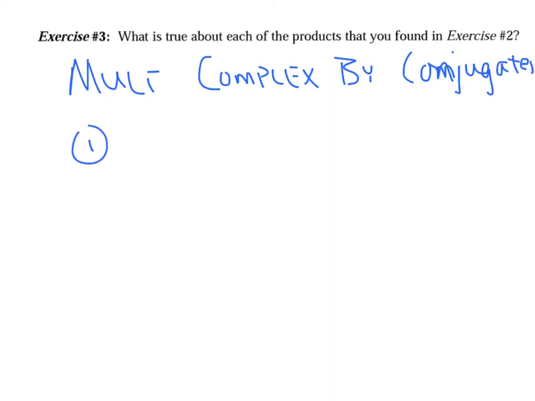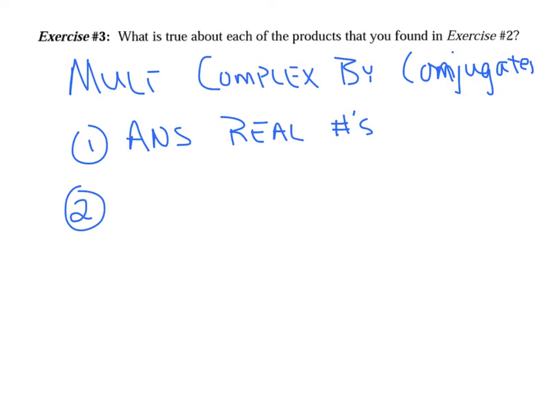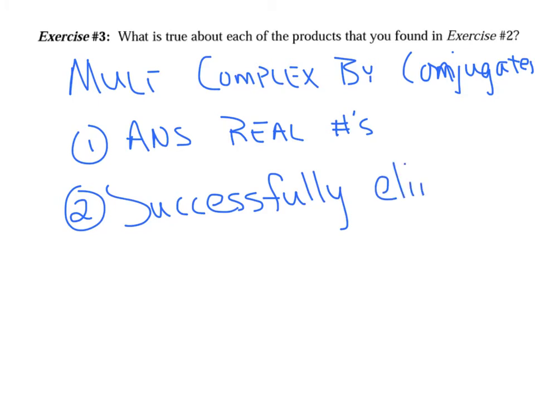Number 1, the answers were real numbers. And what does that mean? Another way of saying that is that we had successfully eliminated all of the i's. So we may have started with some i's, but by the time we got done, we had successfully eliminated all of the i's. And I'm going to put the word all in there.